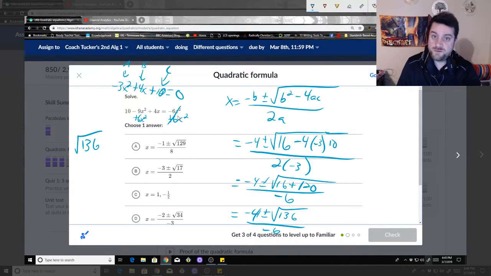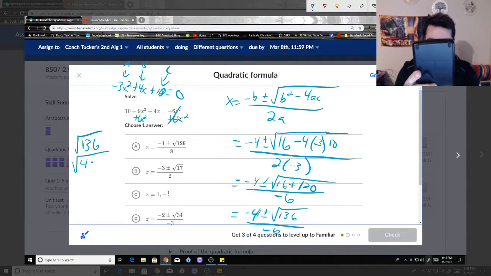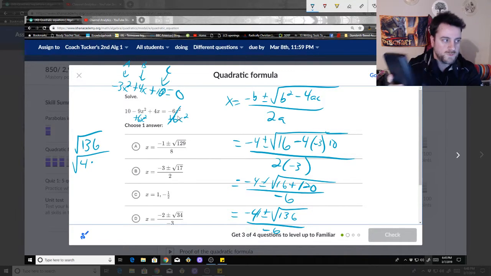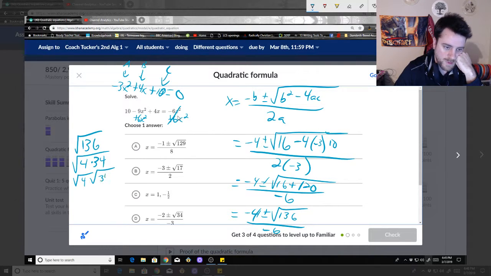So I know for sure 4 can divide into 136. So 136 is the same thing as 4 times, I have no idea, 136 divided by 4. Oh, well, I can just get that out of the way there. 34. So 4 times 34, which is the square root of 4 times the square root of 34. Well, the square root of 4 is just 2. So this is 2 root 34, okay?